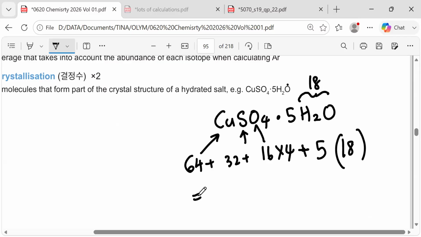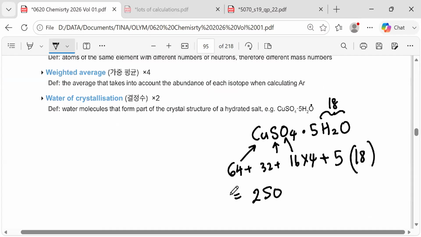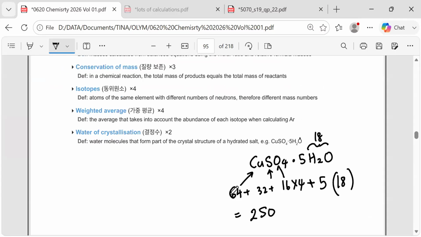Do you understand? So you get 250. Can you see?